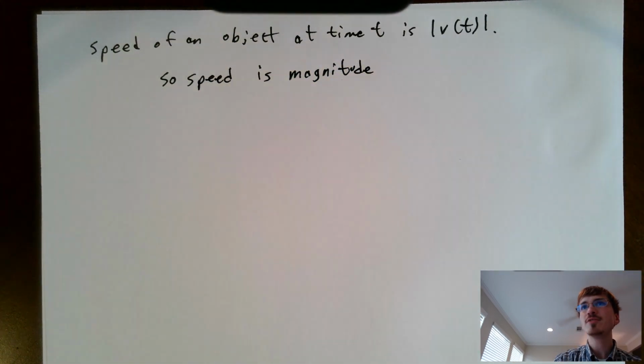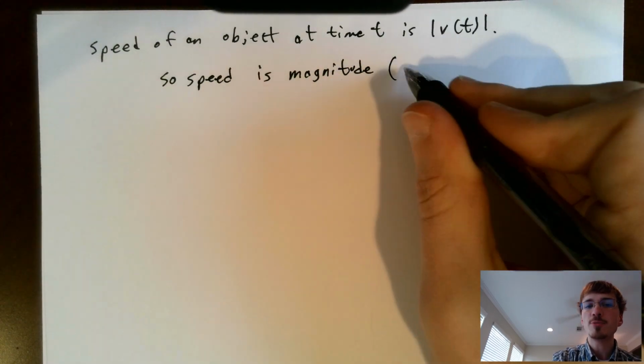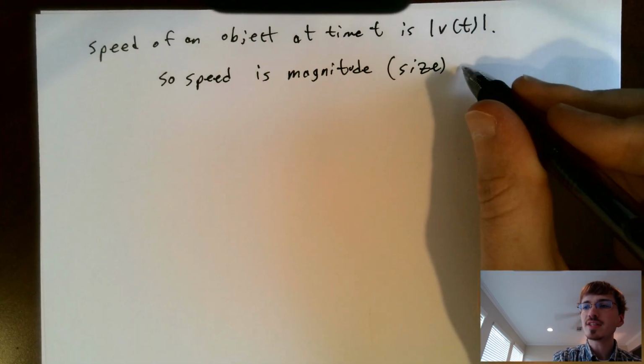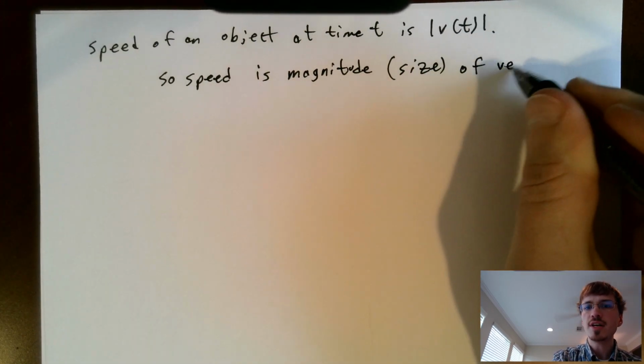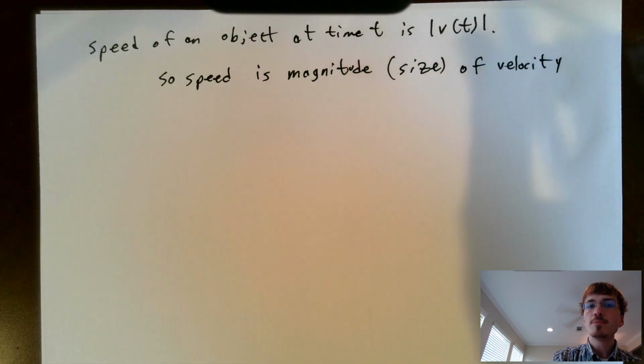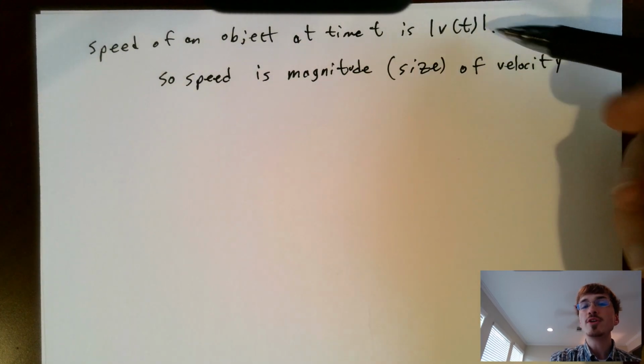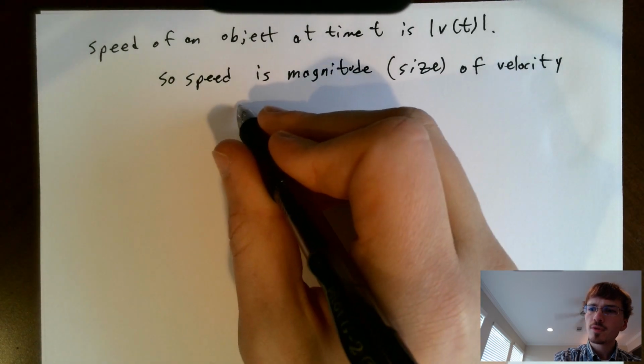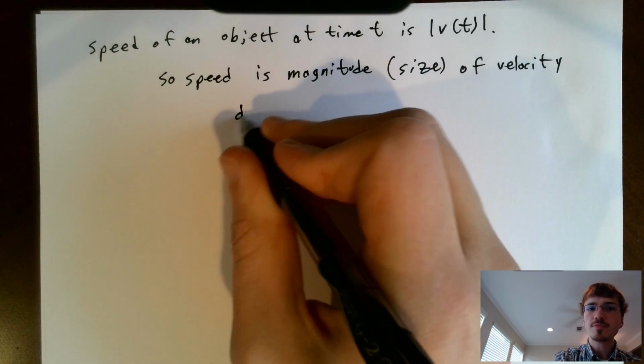If we had vectors, that would mean something different for us, but for our purposes, it just means the size of the velocity. But notice that because we're taking the absolute value, it's always positive, so there's no positive or negative to indicate the direction in which the object is moving. It does not give direction.